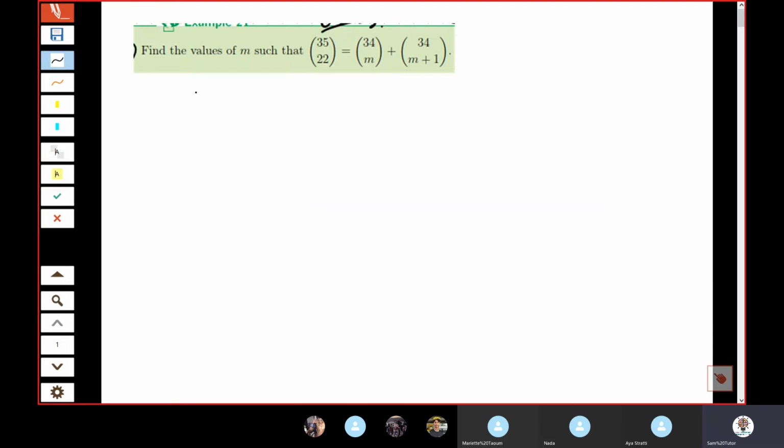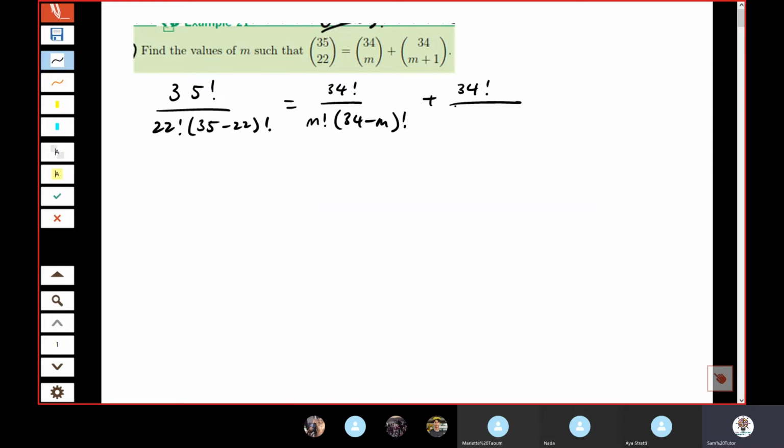So, let's see. 35 factorial over 22 factorial, 35 take away 22 factorial, must equal 34 factorial over m factorial, 34 take away m factorial, plus 34 factorial over m plus 1 factorial, 34 minus m minus 1 factorial. Any questions?